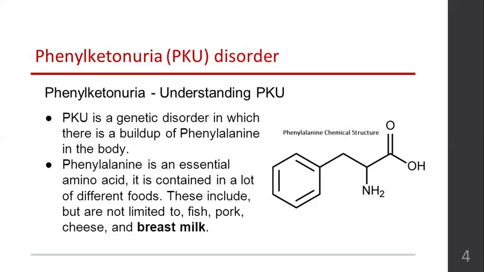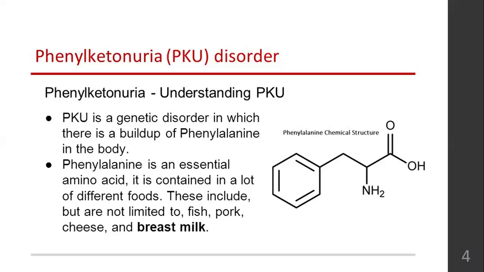So this is a protein. Phenylalanine is an essential amino acid. If you have gone through the list of essential amino acids, phenylalanine is an essential amino acid that you have to take via food. Even breast milk has phenylalanine.